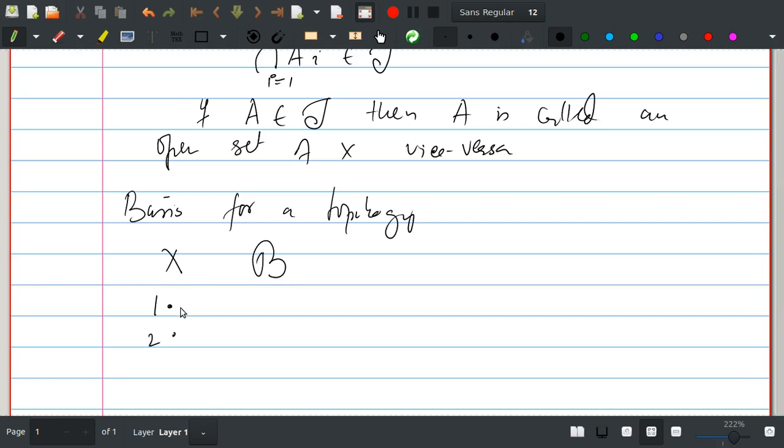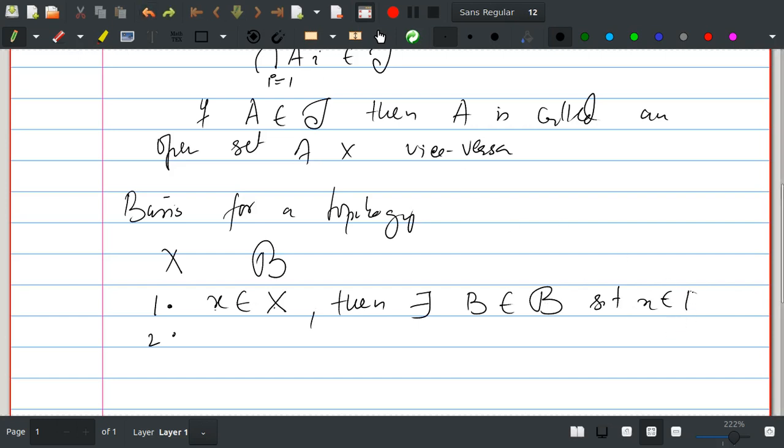The first condition is that if we have any element little x in this big X, then there must exist an element B in this collection which contains this little x. So here we have this space X, and we have an element x. For this element there must exist an element B in this fancy B which contains this x.